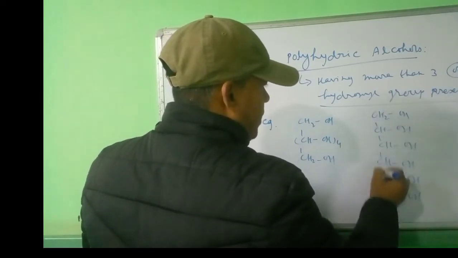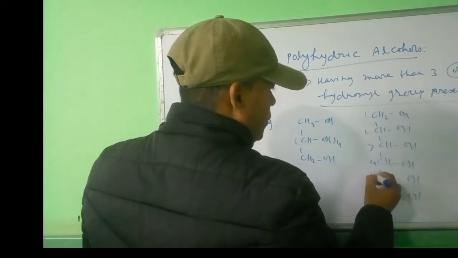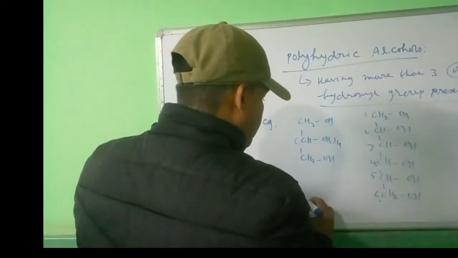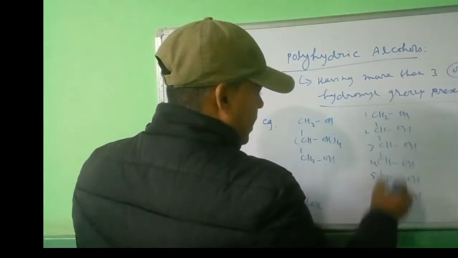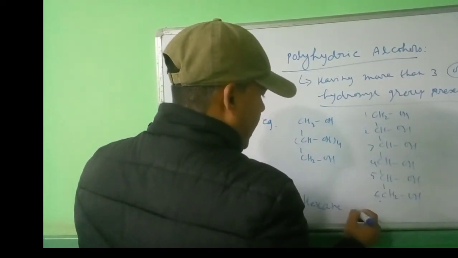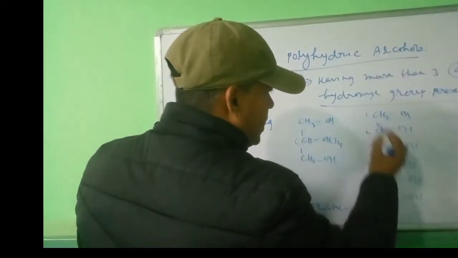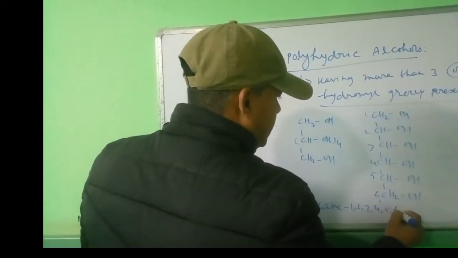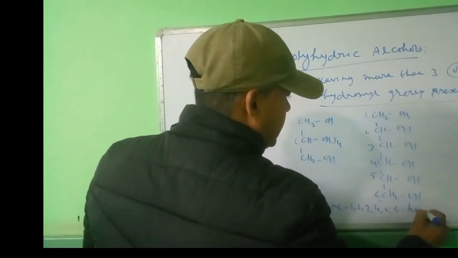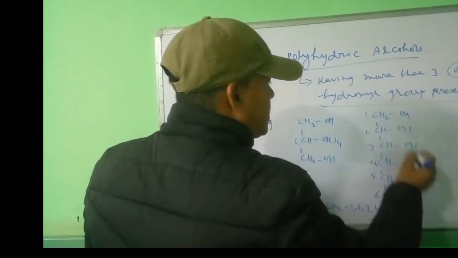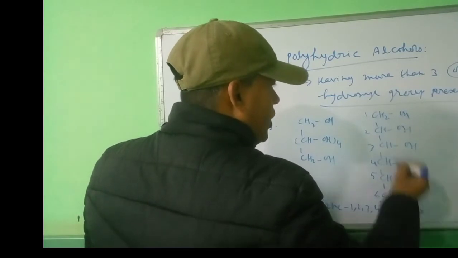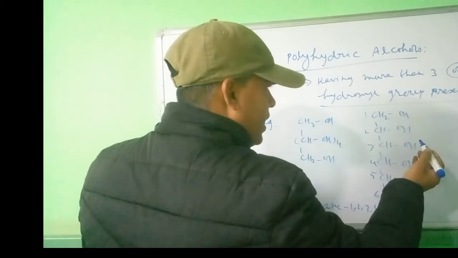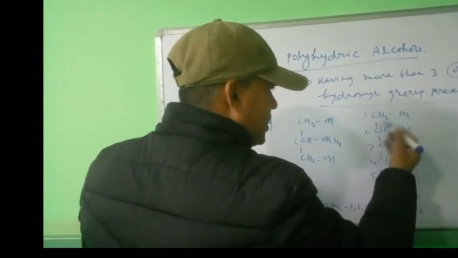The total number of carbons is 6, so hex, and with single bonds, ane, hexane. Now the dash, how many times? 1, 2, 3, 4, 5, 6. Hex means 6 times present. 2 times is di, 3 times tri, 4 times tetra, 5 times penta, and 6 times hexa.